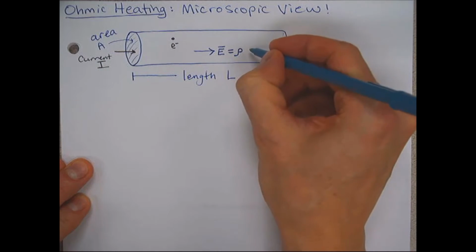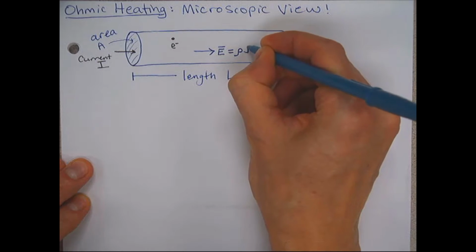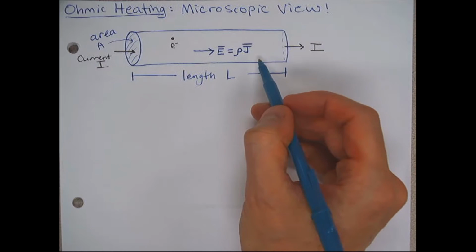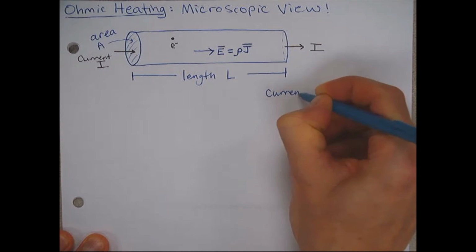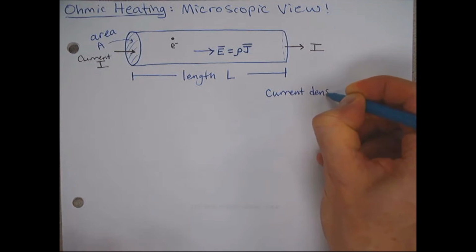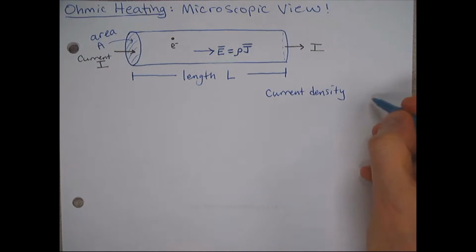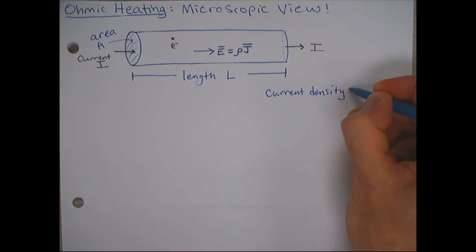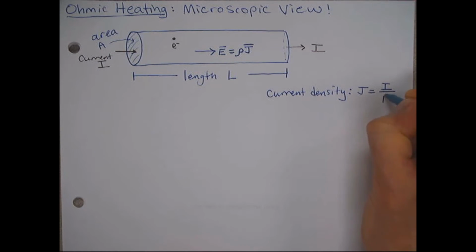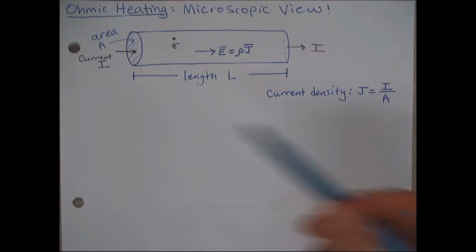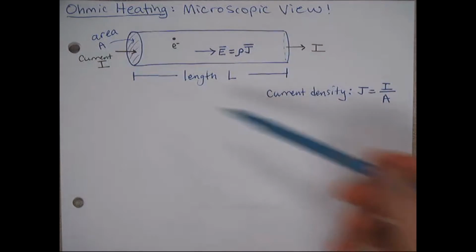And we've talked previously about current density, J, which is a vector that has magnitude of the current I divided by the cross-sectional area A. It's sort of an area density.